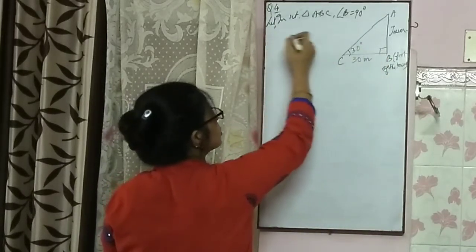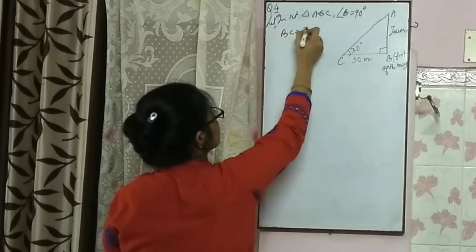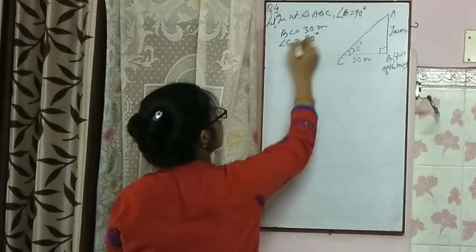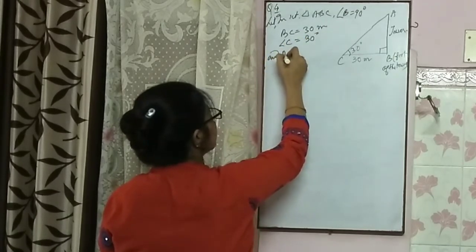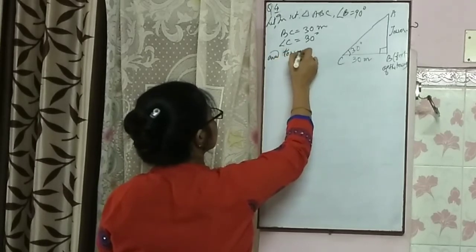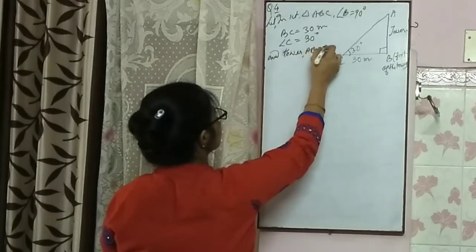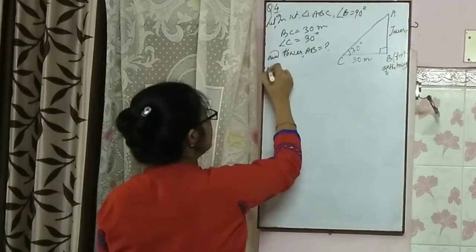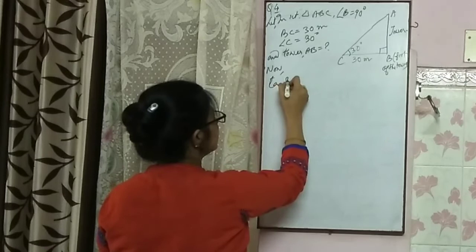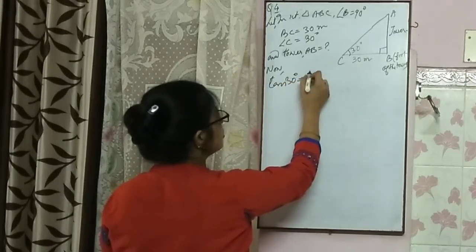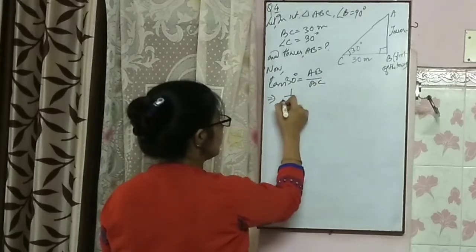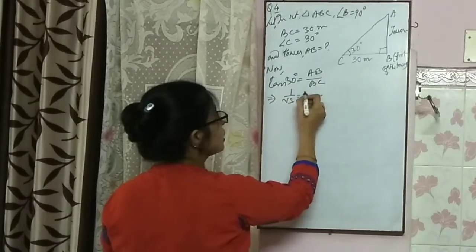So first mention it. BC is equal to 30 meter, angle C is equal to 30 degree, and you need to find the tower. Tower AB is equal to how much? Now tan 30 degree is equal to AB by BC, 1 by root 3.